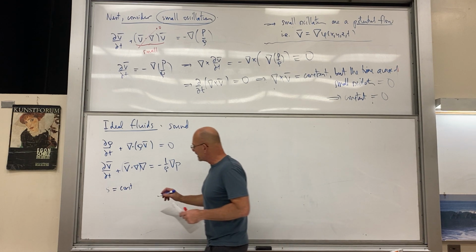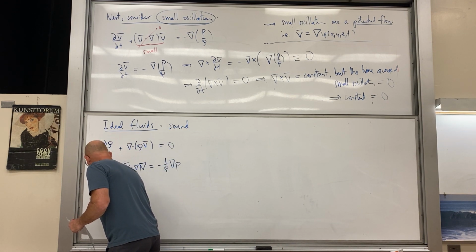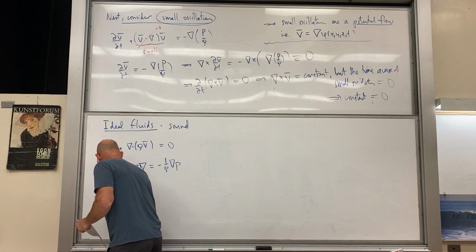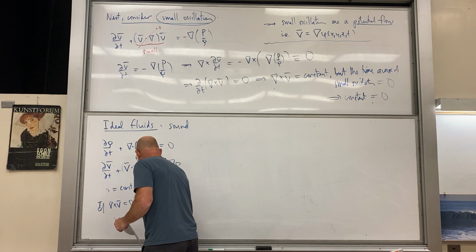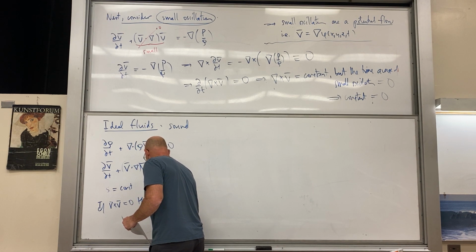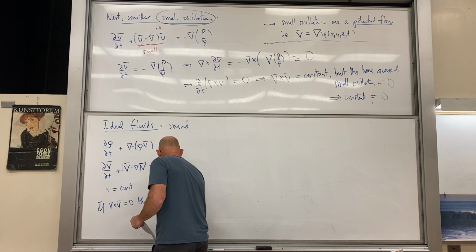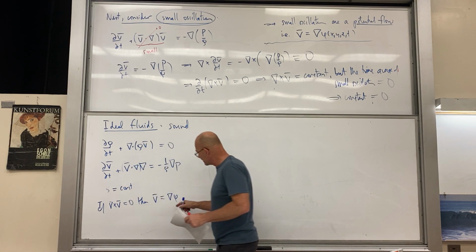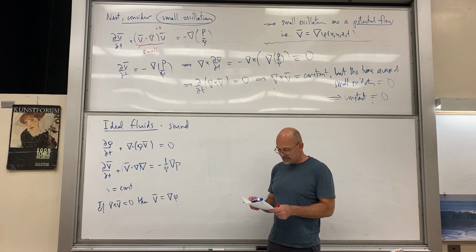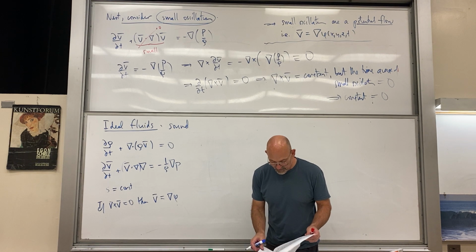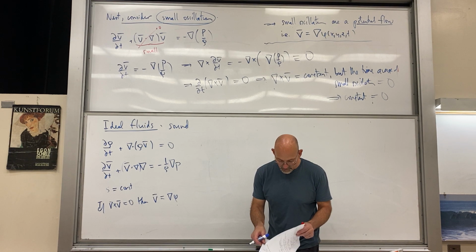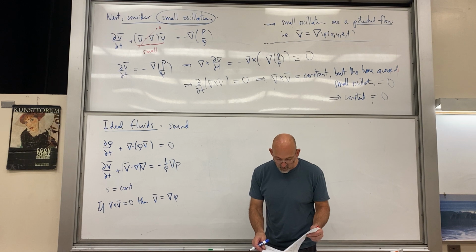And we now know that if curl of v equals 0, then v is the gradient of a velocity potential. And I may put this pressure relation in here as well.